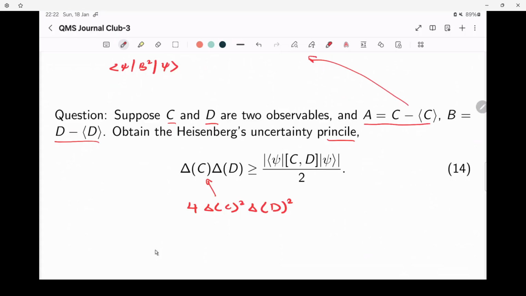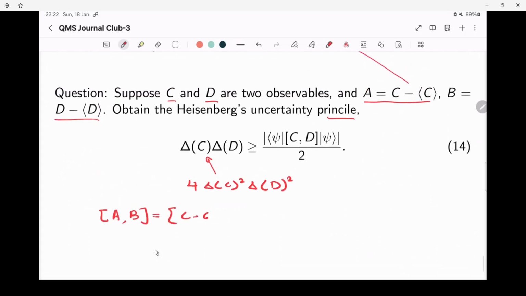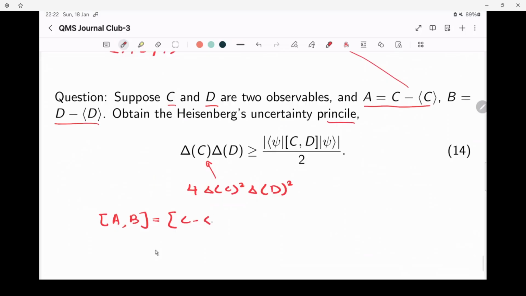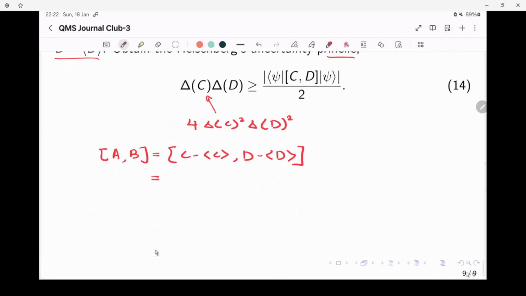On the right, essentially what you need to do is to change your AB into CD. This change is not that difficult because what you need is to expand it.